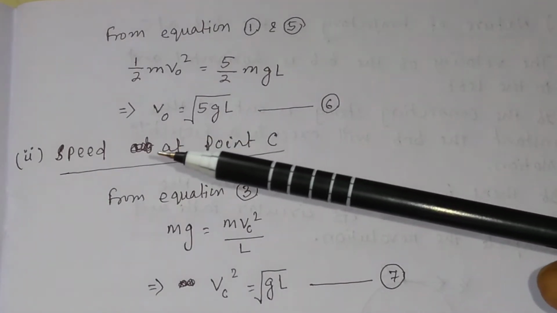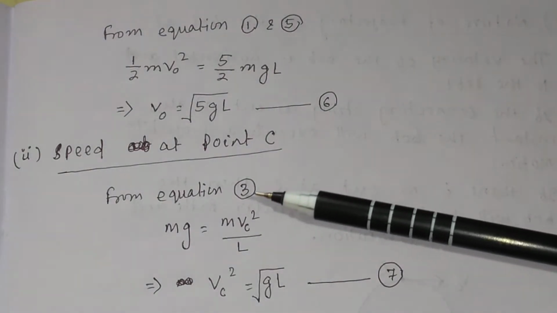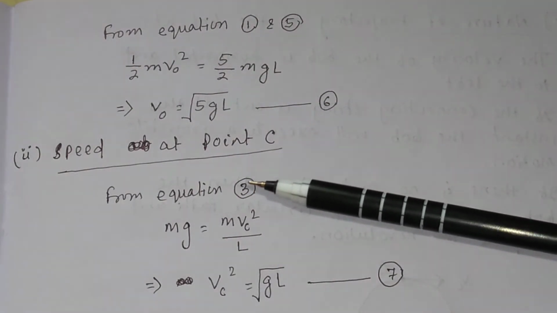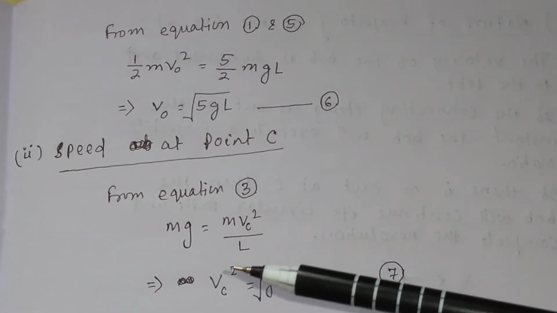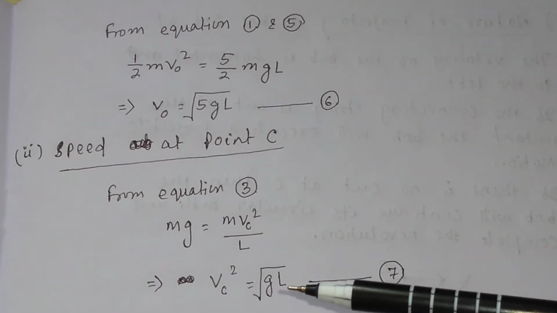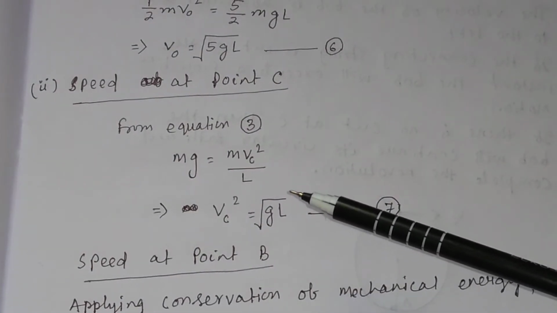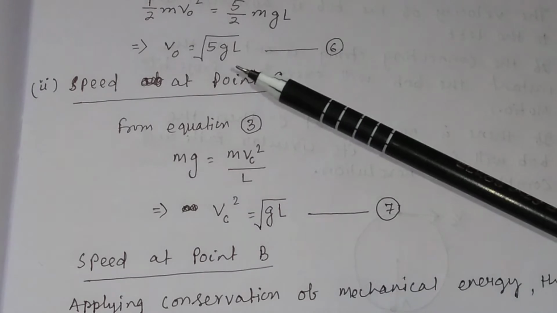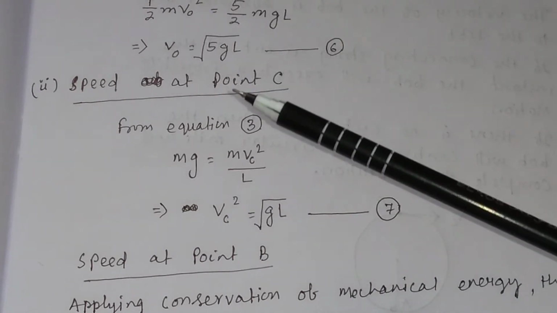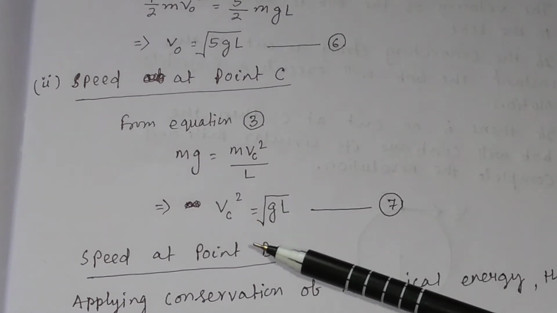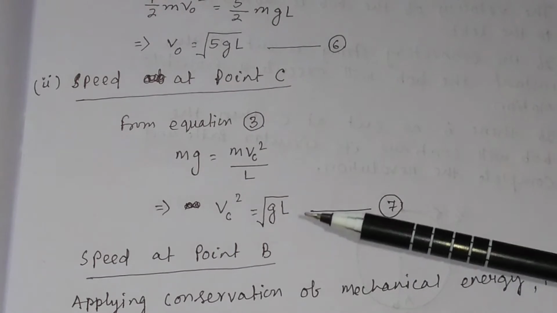Now we will calculate the speed or velocity at the highest point C, and from equation 3 we have mg is equal to m vc square by L. So vc square will be equal to gL. So you have to remember these two formulas: the velocity at the lowest point is equal to square root of 5 gl, and the velocity at the highest point is equal to square root of gl.